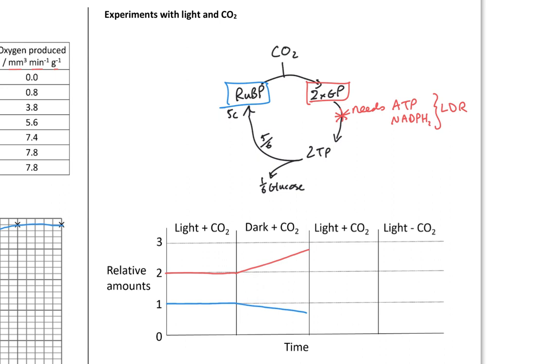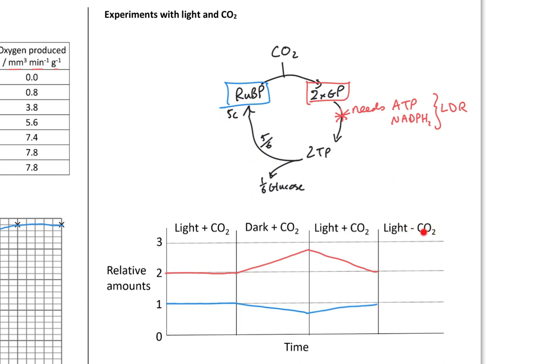So over time, this is going to self-regulate back to 1 and 2, depending on the time period. So I've got light plus CO2, dark plus CO2, then back into light again, so I'm back to where I was at the start, in effect.